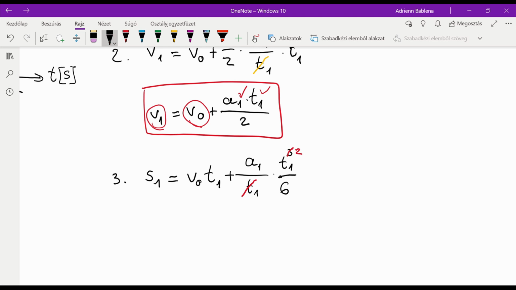So our S1 value from the st function is v0 times t1 plus a1 times t1 squared over 6.